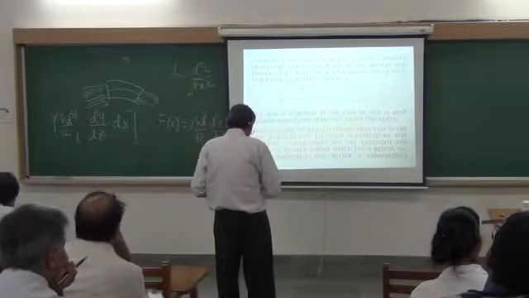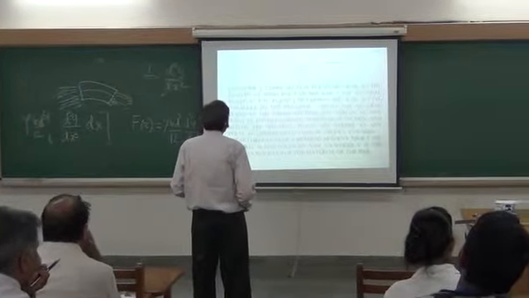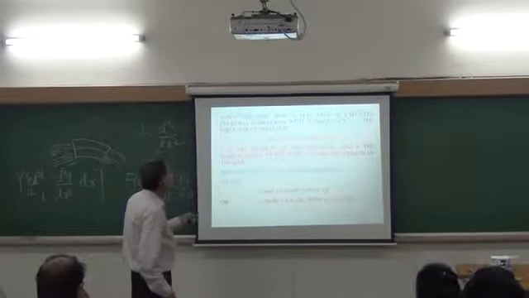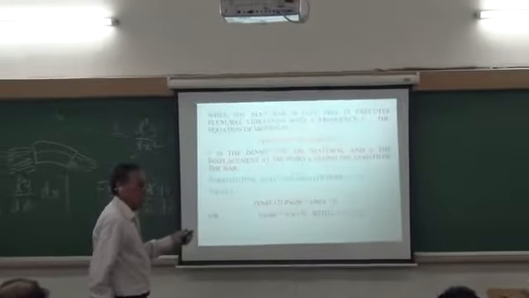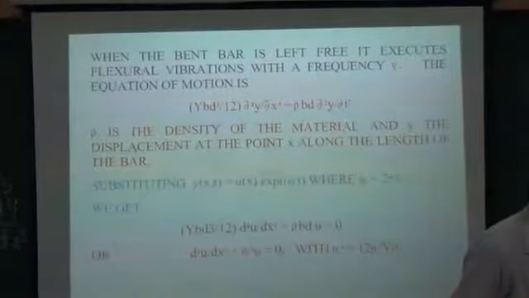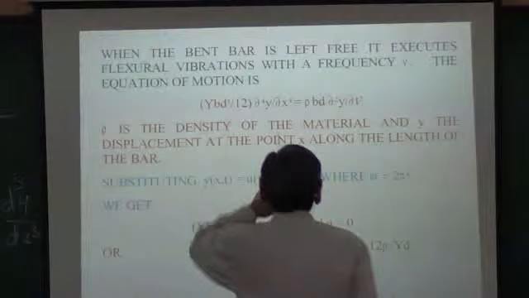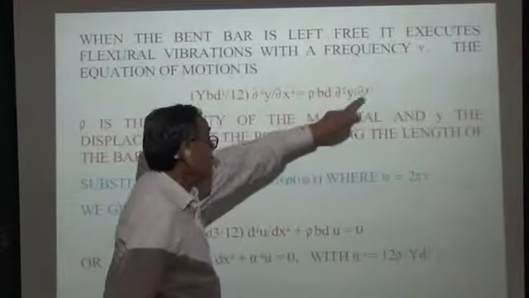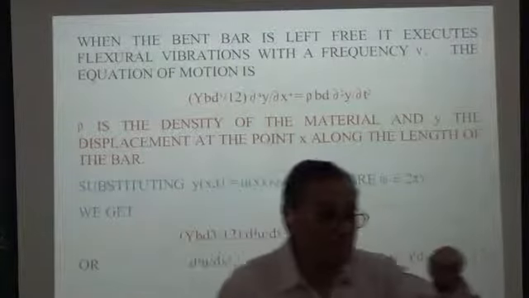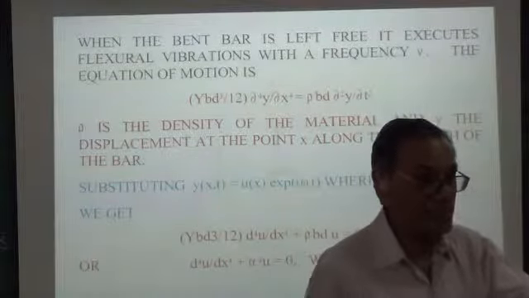So when you do that, you get this equation for the vibration. y is the displacement. You displace y, leave it. You take a small length dx, the volume is b into d into dx.